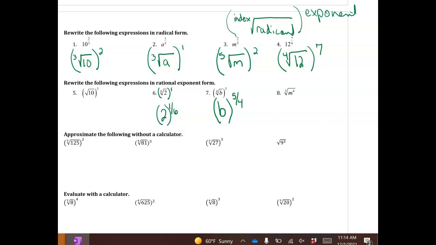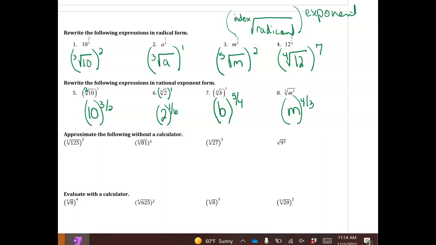And then on 5, that little index is missing, so there's an invisible 2 there. This one can be written as 10 to the 3/2. And then you try 8. It should be m to the 4/3. Again, wrapping that base in parentheses is always a very good idea.